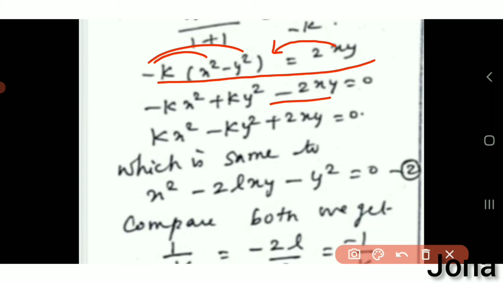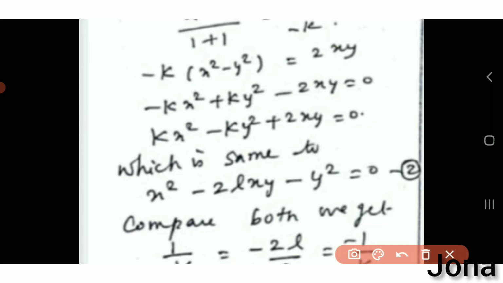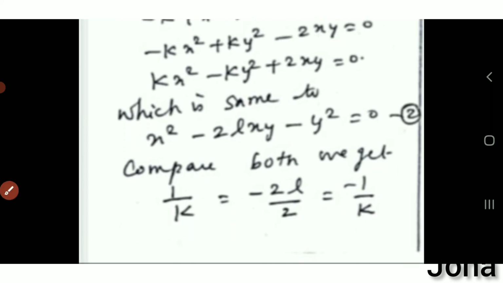Then we can simplify the equation as kx square minus ky square plus 2xy equal to 0, which can be compared with the equation x square minus 2lxy minus y square equal to 0.